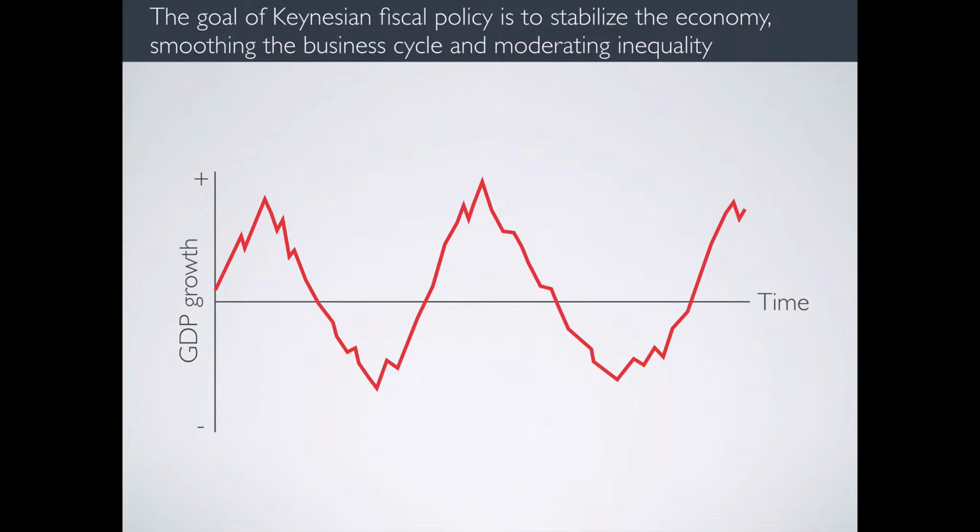Let's say that this curve here represents the business cycle. Notice we have peaks right here, and we have troughs, and the troughs indicate recessions, and the peaks indicate expansions. Okay, so what should the government do? How should fiscal policy be conducted here to smooth out this business cycle?